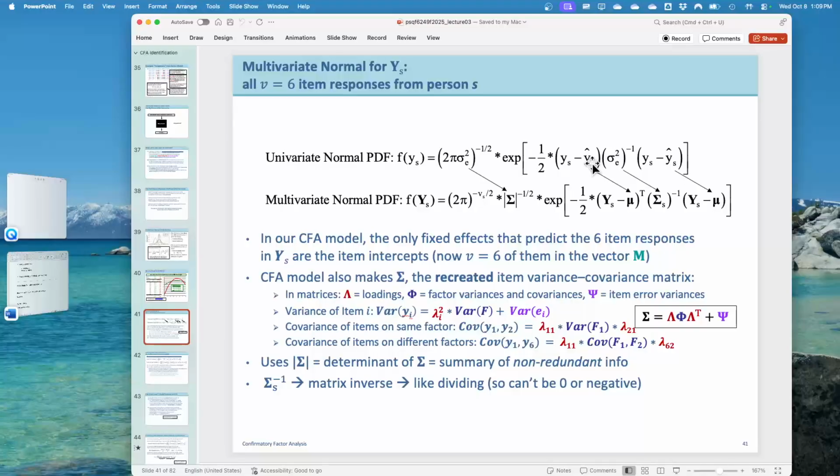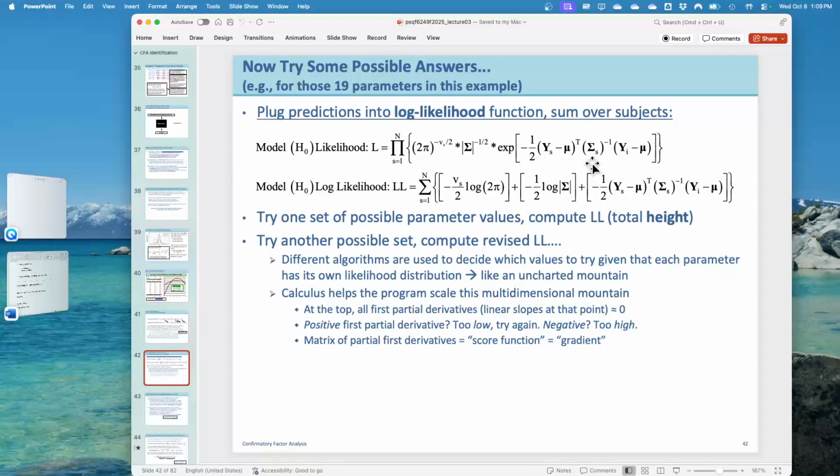But you can think of it this way. I'm going to try out a different mean vector. I'm going to try out a different set of loadings and so forth and get a new log likelihood. Right? So you just try out values. You can think of it as just a search. And we're searching for the values that maximize this function. Now, there's calculus we can use, some really cool things with calculus as well. This is, by the way, the sample log likelihood. So this is the sum of the log of that function from before.